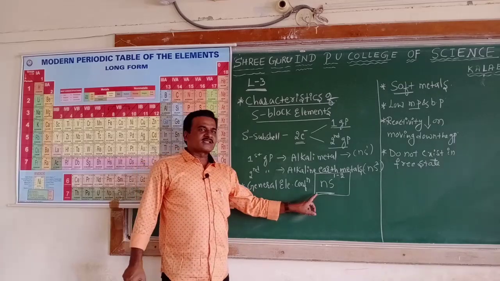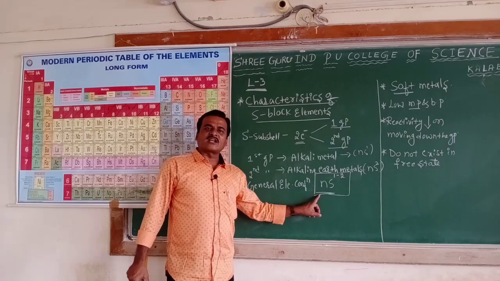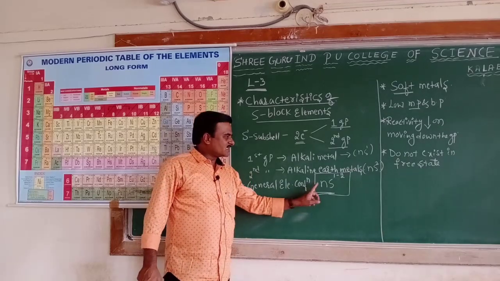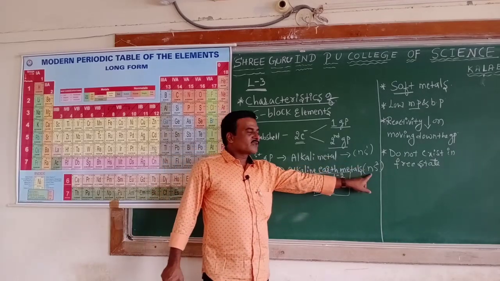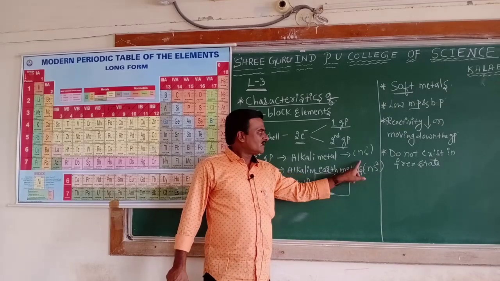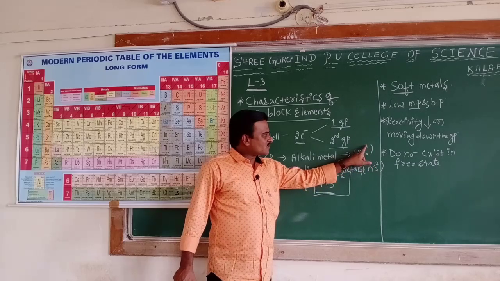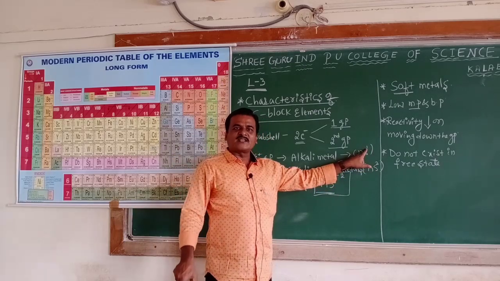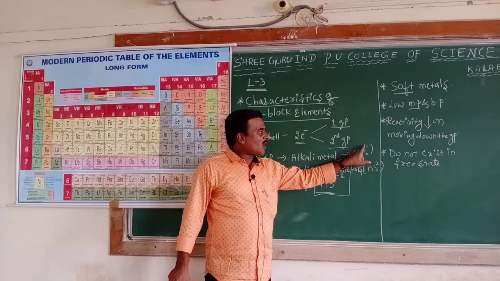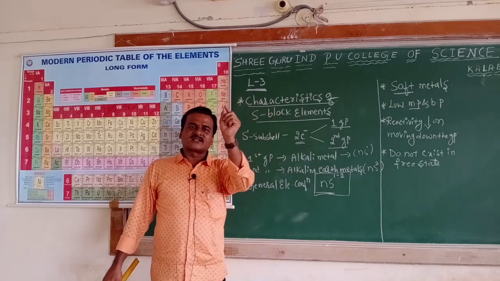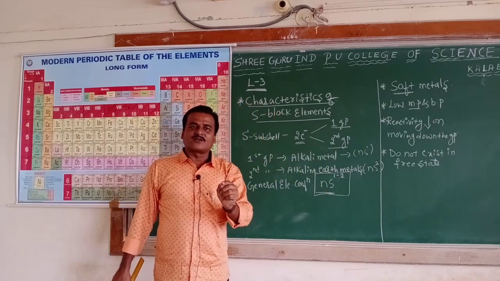What is the outer or general electronic configuration of group 2? If particularly asked, it is NS2. If group 1, it is NS1. This 1 indicates the elements of group 1 contain one electron in their outermost shell, and all the elements in group 2 contain 2 electrons in the valence shell.